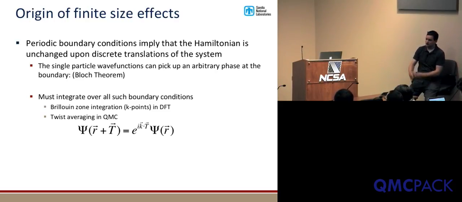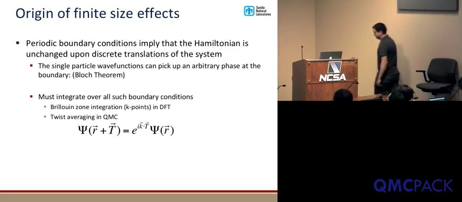So everything that isn't observable is only going to depend on the wave function squared. And in order to get your converged answer, you're going to want to integrate over all of these boundary conditions. So in DFT, or a single particle theory, this is often called k-points. We like to think about it in terms of the boundary conditions of the wave function in quantum Monte Carlo, so we'll typically use the term twist averaging to cover this.